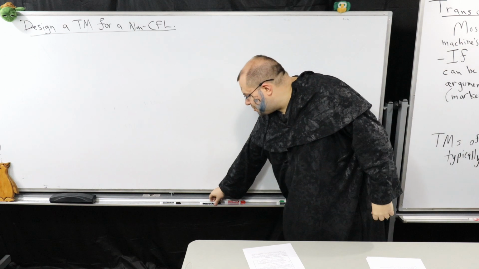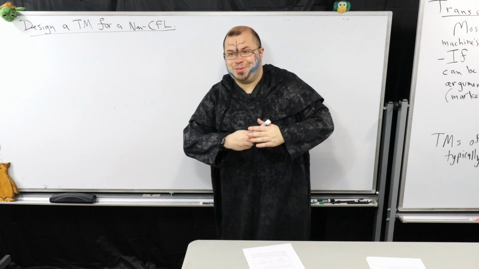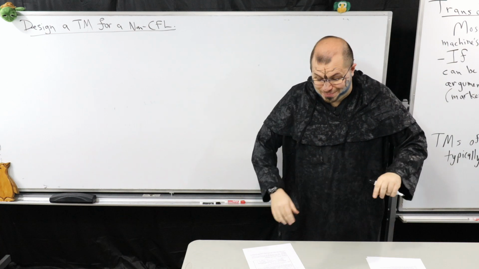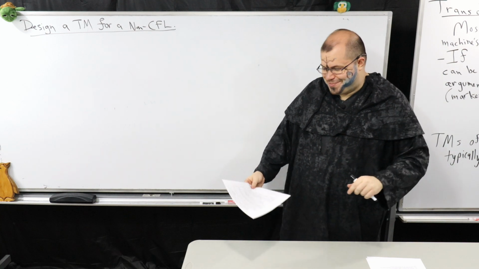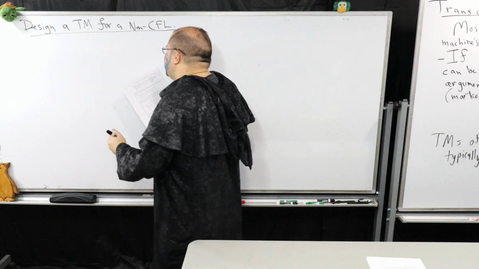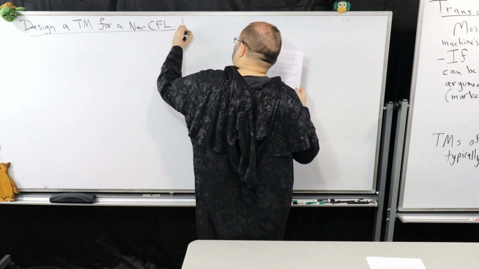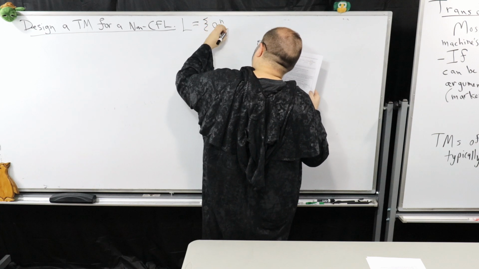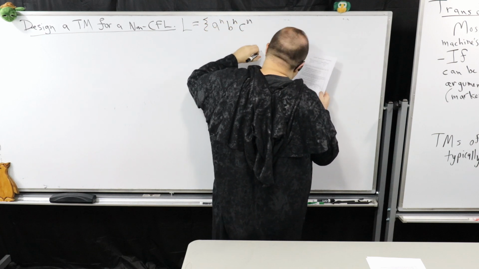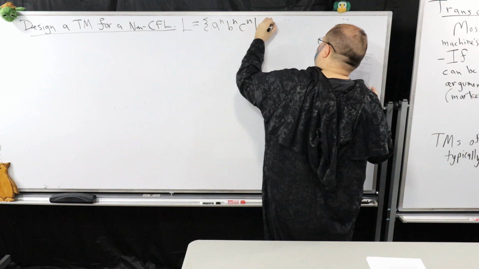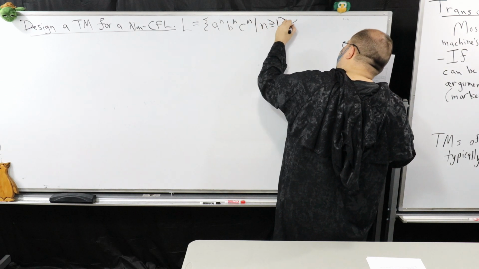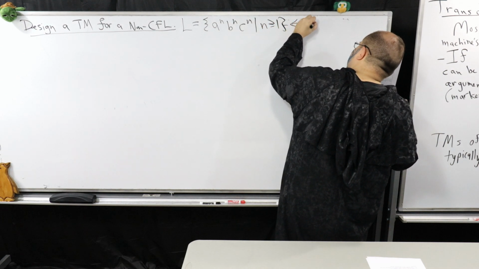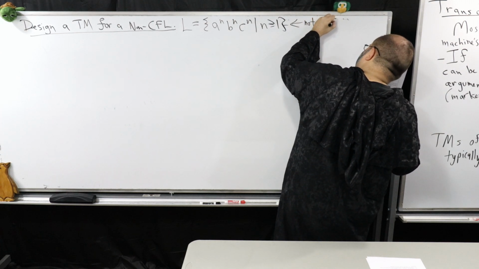And it's actually going to use a lot of the ideas I've just described up to this point, which should be quite surprising. So the language I'm going to consider is the following language. A to the n, B to the n, C to the n, where n is greater or equal to 1. So this right here, remember, is not a context-free language.